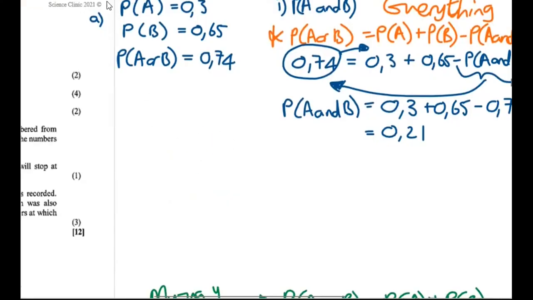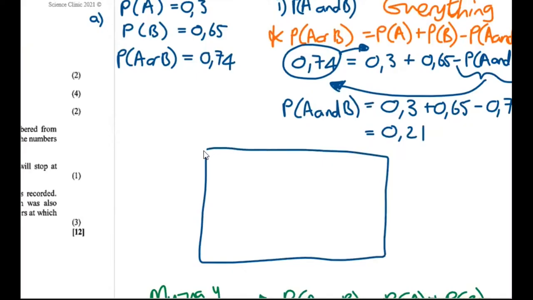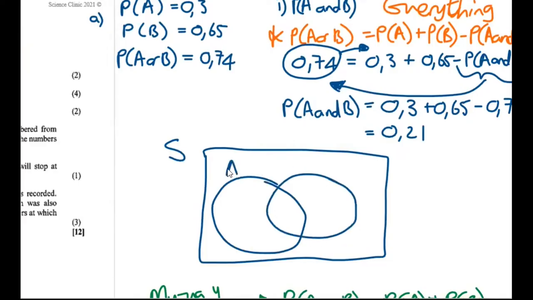In our Venn diagram, remember you've always got a block, because the block is for the entire sample space. Then for every event, you have a circle inside there, so A and B. We've just worked out that the overlap part is 0,21. That will be the overlap because that's the AND bit.